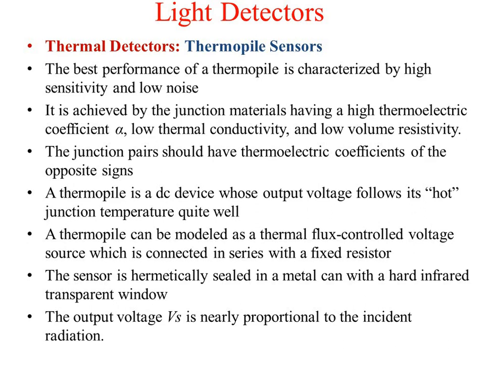So the thermal sensor is hermetically sealed in a metal can, which has a hard infrared transparent window. That window will capture the light, and this light will fall on your sensitive element, and that sensitive element will convert the heat absorbed from that light into a temperature change.